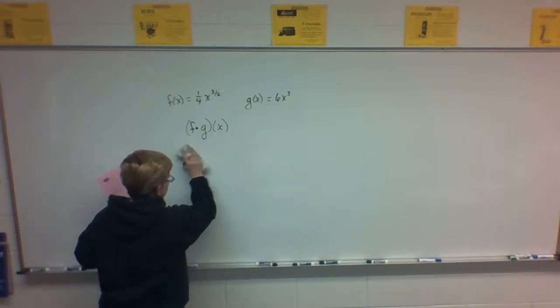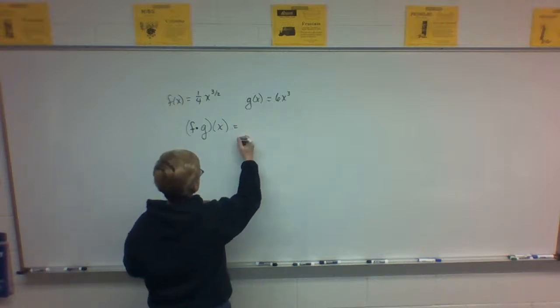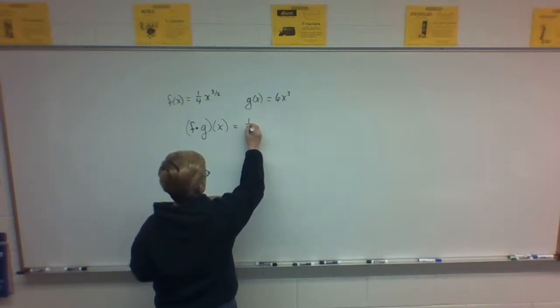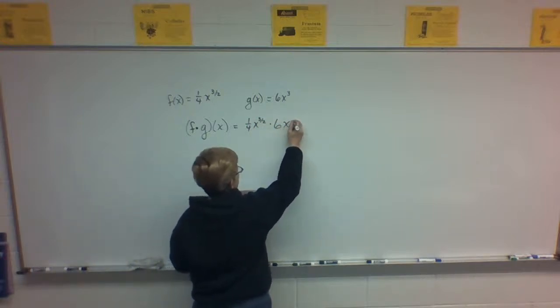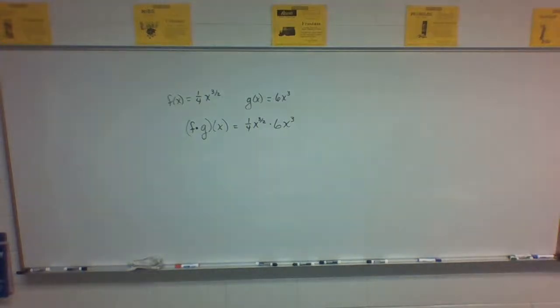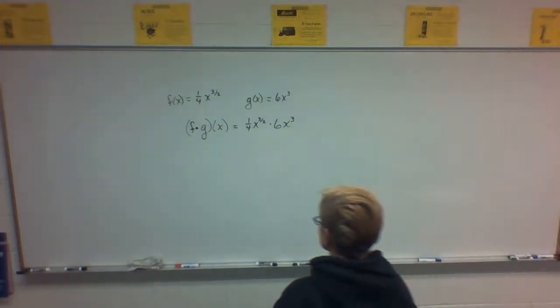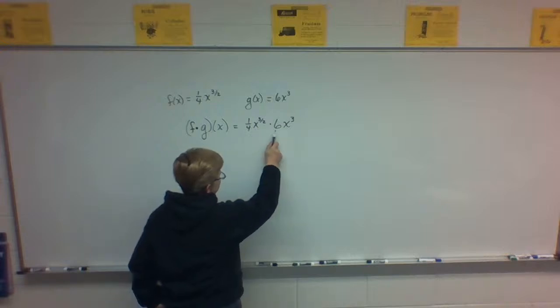All right, so we'll write it the way they wrote it. We're supposed to find f times g of x. That means to multiply the two of them. So I will have 1/4 x to the 3/2 times 6x to the 3rd. And you got to do the work on it to get it as cleaned up as possible before you report it for the answer. So I've got 4 things being multiplied. I've got the 1/4, the x to the 3/2, the 6, and the x cubed.